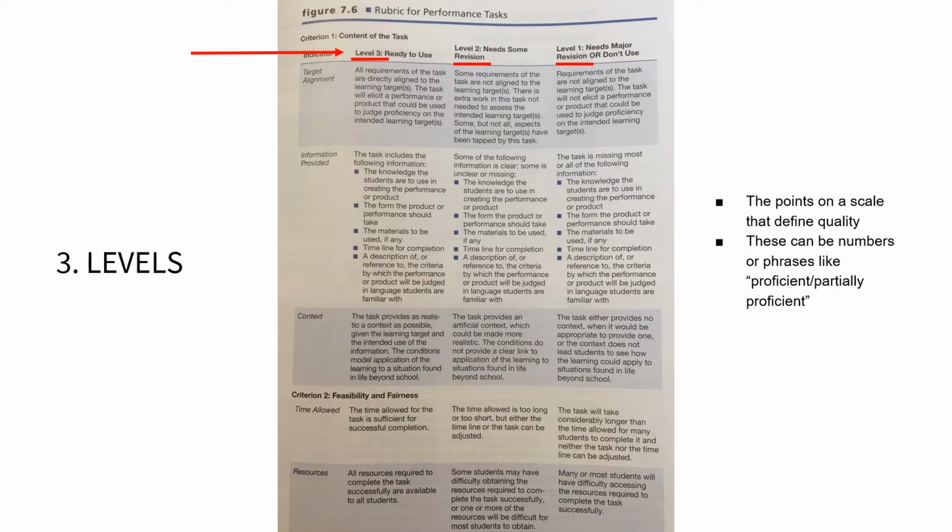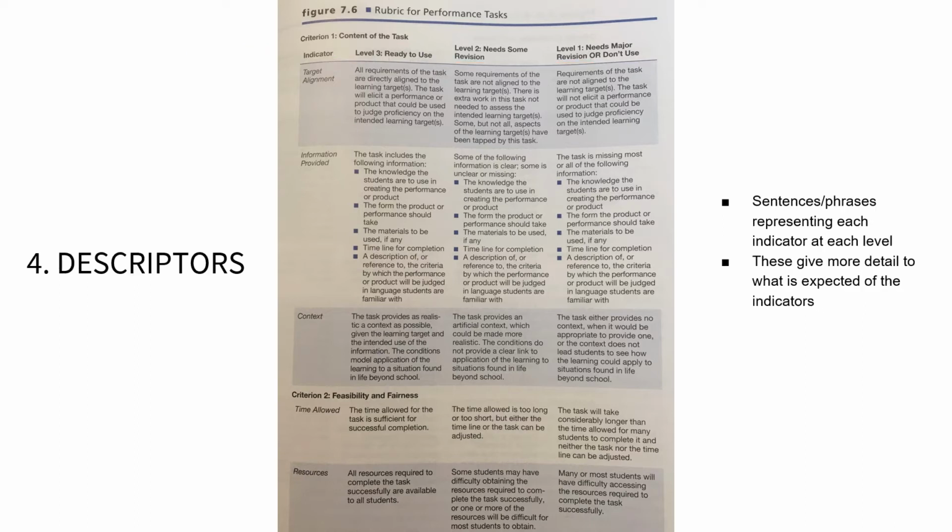The levels are points on a scale that define quality. Levels can be communicated through numbers or phrases like ready to use, proficient, or partially proficient. And finally, descriptors are sentences or phrases that give more detail to the quality of that particular level and what is expected of each indicator.